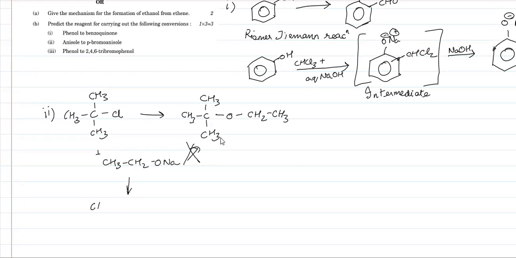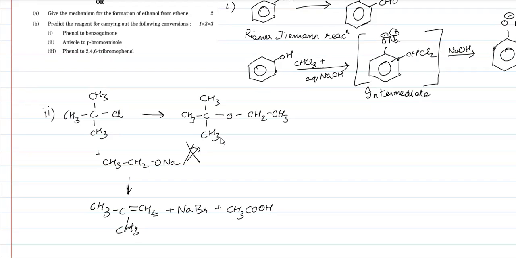So the product in this case would be CH3, C double bond CH2, basically an alkene, plus NaCl plus CH3CH2OH. Honestly, when I was solving this question, I thought about this and I directly did this, and I got this product. And then I realized that when you have a tertiary alkyl halide, you cannot do this particular reaction.